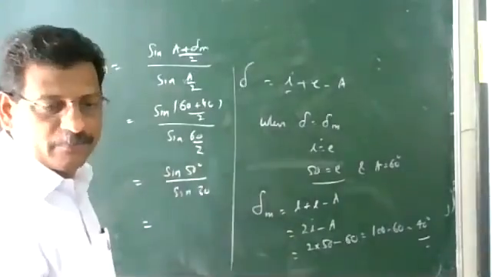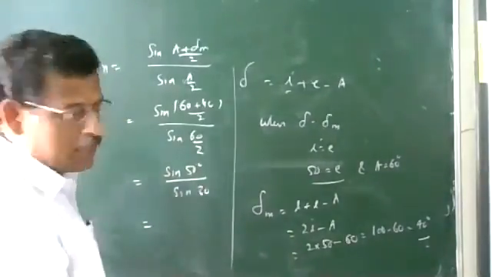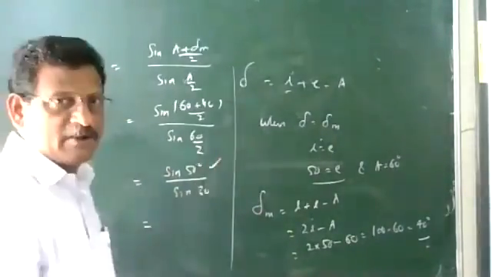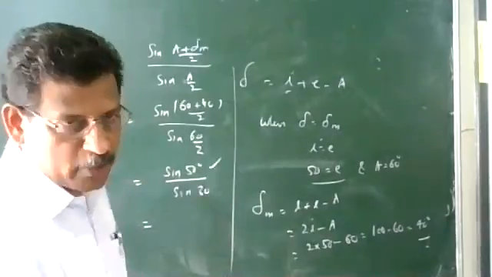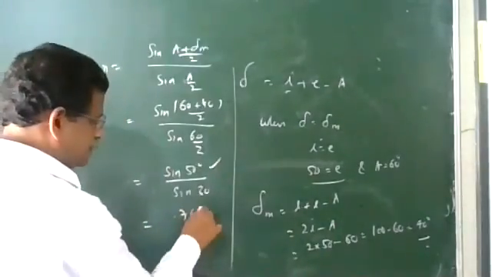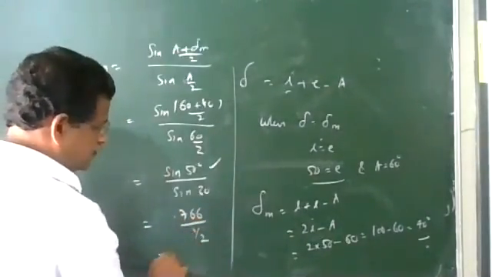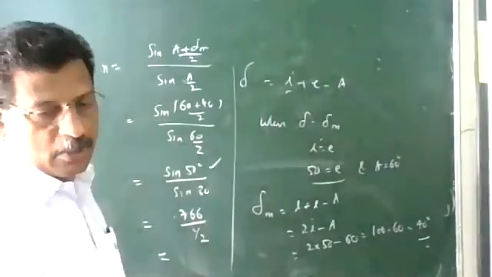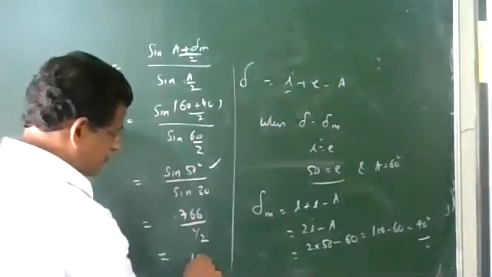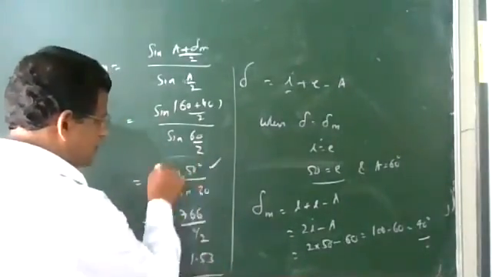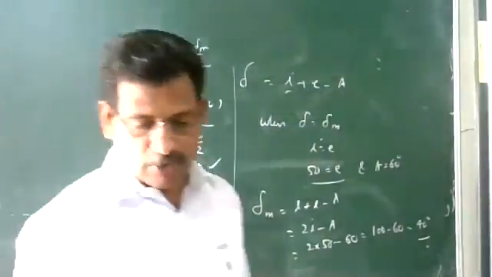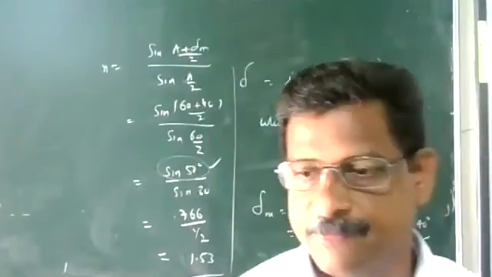Sine 30 value is half. Sine 50 from the log table is 0.766 divided by half, 0.766 into 2, that is about 1.53. You have to take the natural sine value for 50 degree.